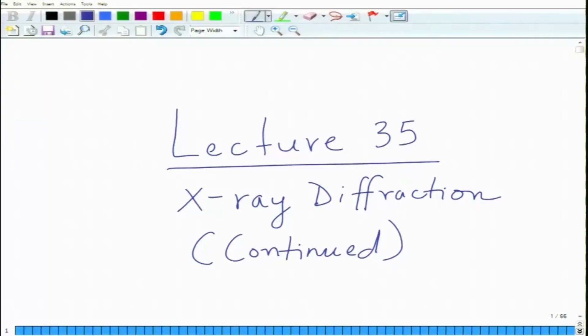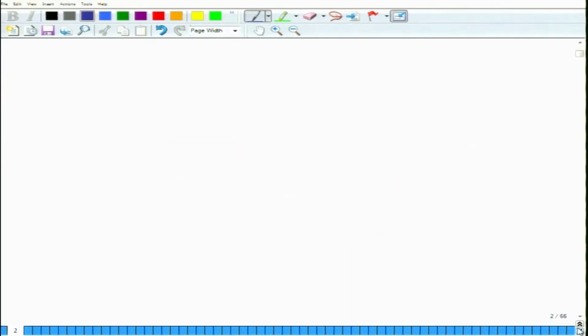We start with the new lecture, lecture number 35, continuing on X-ray diffraction. Just a brief recap of last lecture: we looked at Bragg's law.